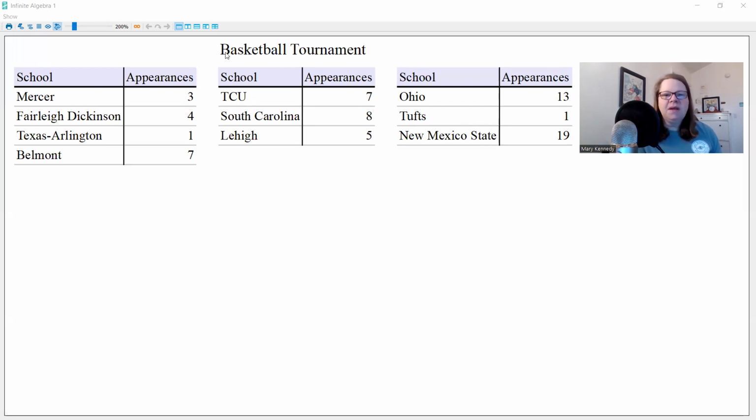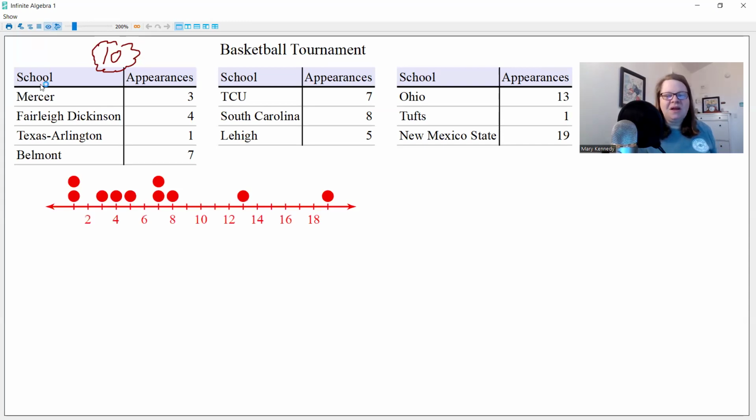That's important as we are finding our outlier. Now, look and see if any of those numbers seem outside of the norm to you. I'm going to show you, if we show this on a dot plot, I think it makes it really obvious where a potential outlier could be, right?